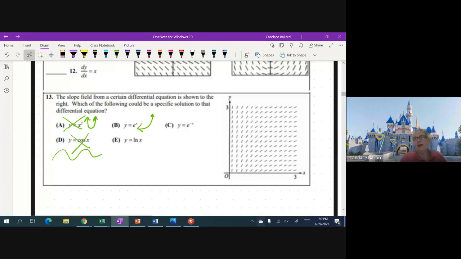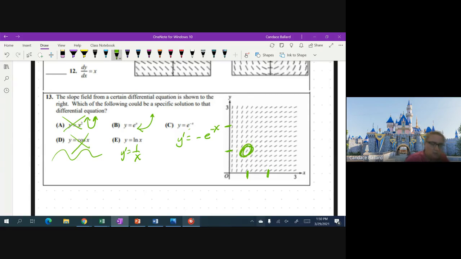And I could look at my derivatives. Let's say I know my derivative of this one is 1 over x. I know that this derivative is going to be negative e to the negative x, right, because of the chain rule. And then I could pick a value to put in. This is split into about thirds, right? So let's pick the value 1.